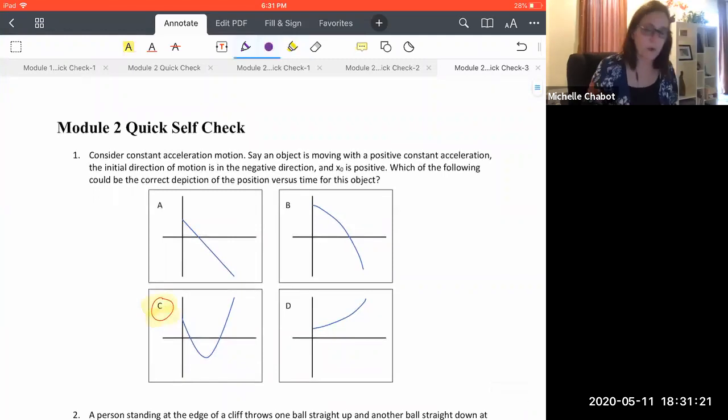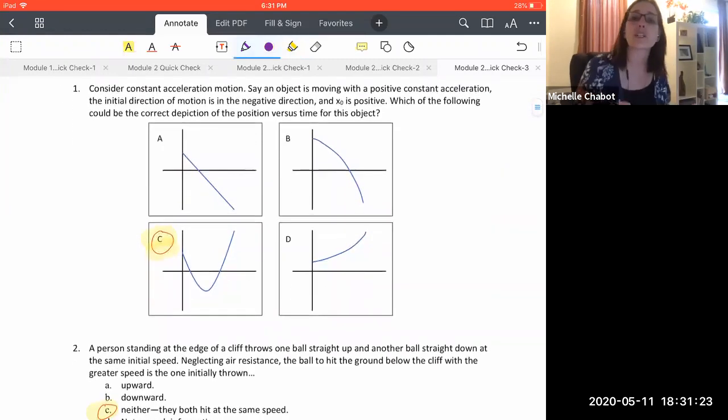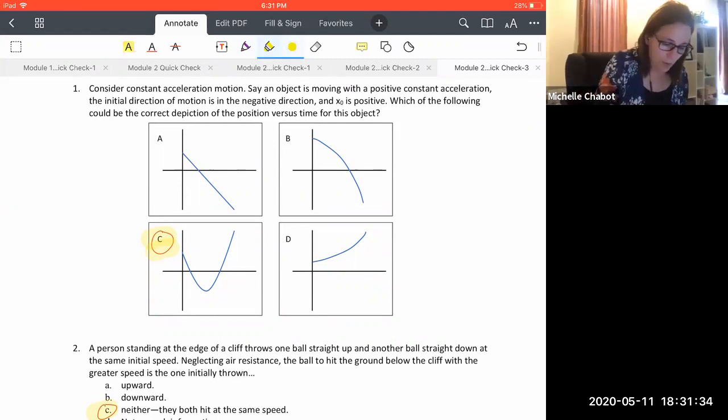So for this first one, I'm actually going to talk about what the motion in each graph corresponds to as a way to further test your understanding of graphical understanding of motion. In this one, we were told that there was a positive constant acceleration, and that the initial direction of motion is negative.